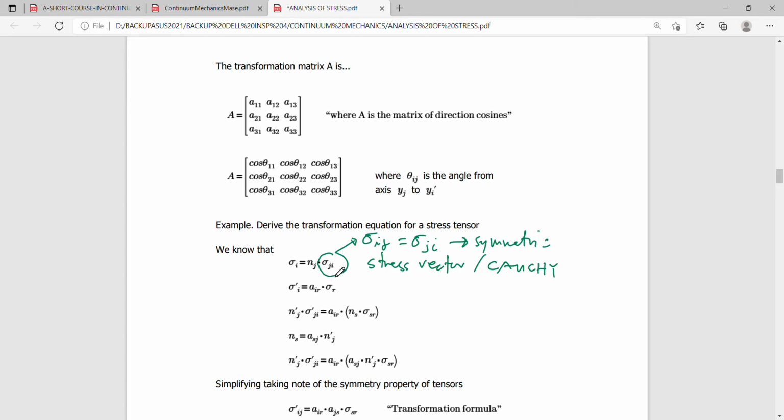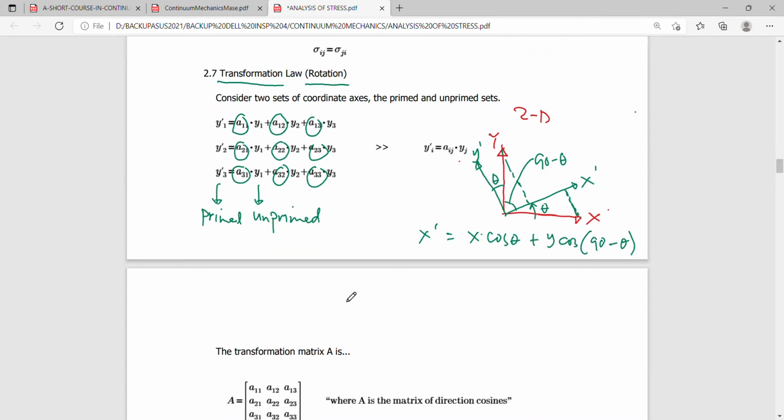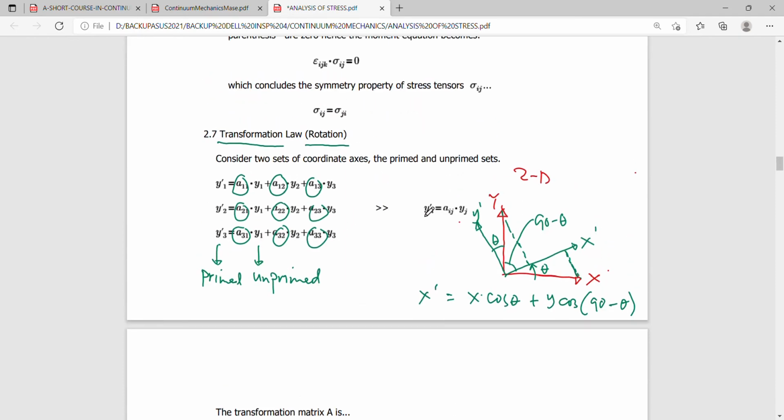But of course, you can do it much more mathematically correct, just like how it was introduced in the references, so better. So we now define a transformation based on the above formula, where the unprimed axis is converted to a prime axis by a transformation matrix Aij.